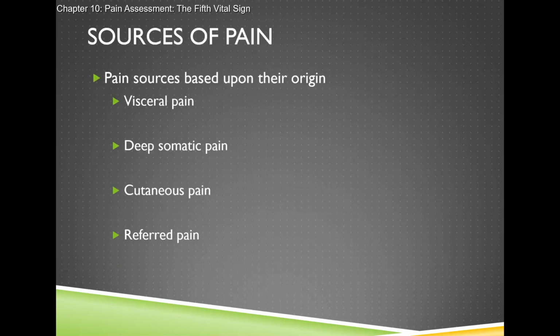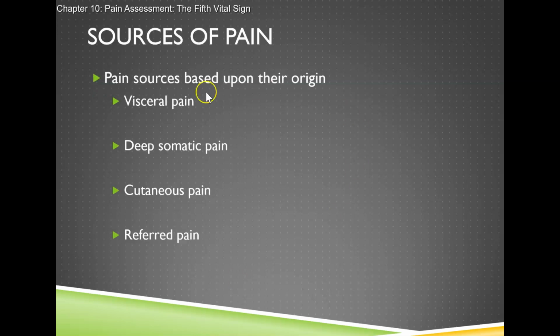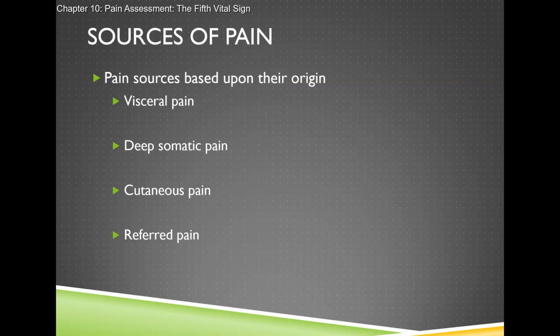Okay, so next, the sources of pain are based upon where they originate. It's based on their origin. You have what they call visceral pain. Now, what does that sound like when you say visceral pain?